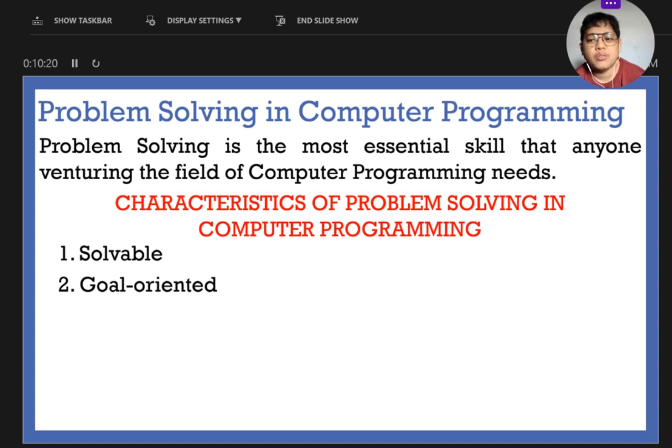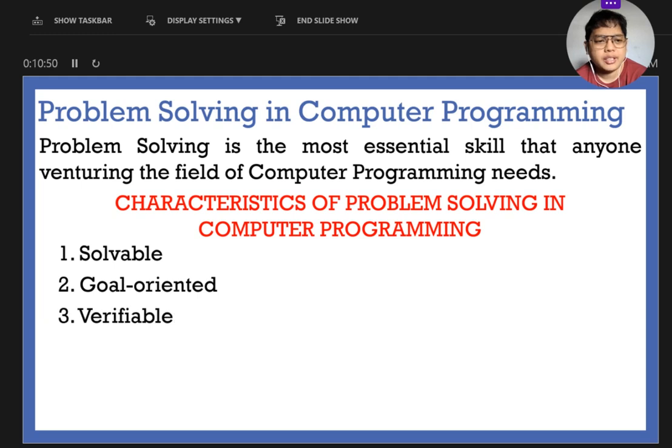This approach is focused on defining clear objectives and then designing algorithms, systems, or programs that work toward achieving those goals. So, goal-oriented emphasizes results rather than just processes. And each step in the development process is guided by the end goal.